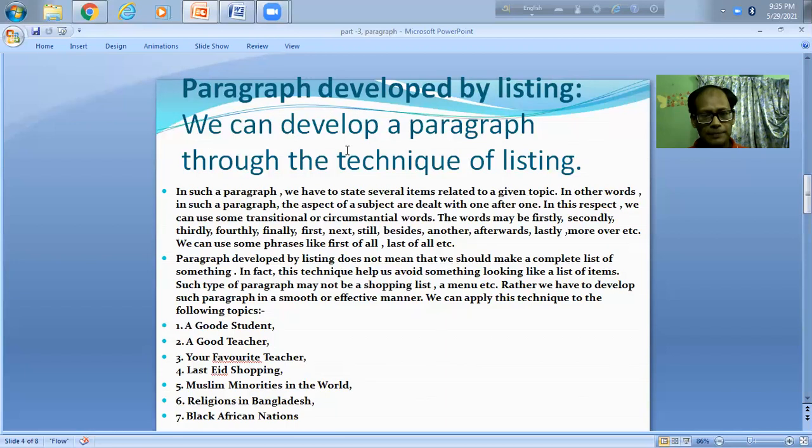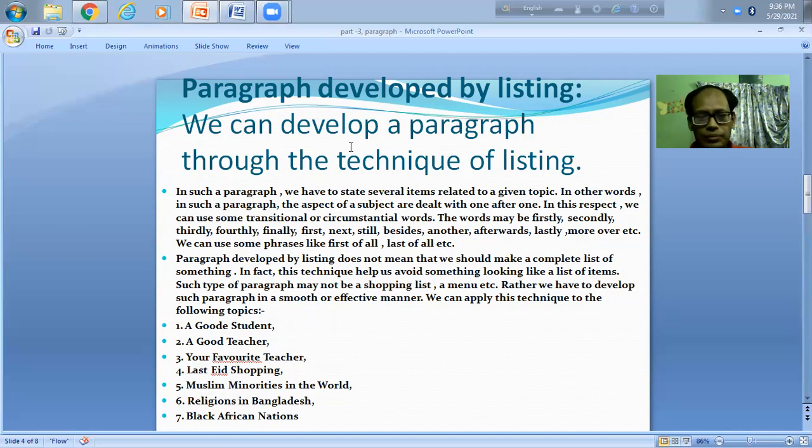If we look at a few listing paragraphs, we can see: a good student, a good teacher, your favorite teacher, last week shopping, Muslim minorities in the world, religions in Bangladesh, black African nations.